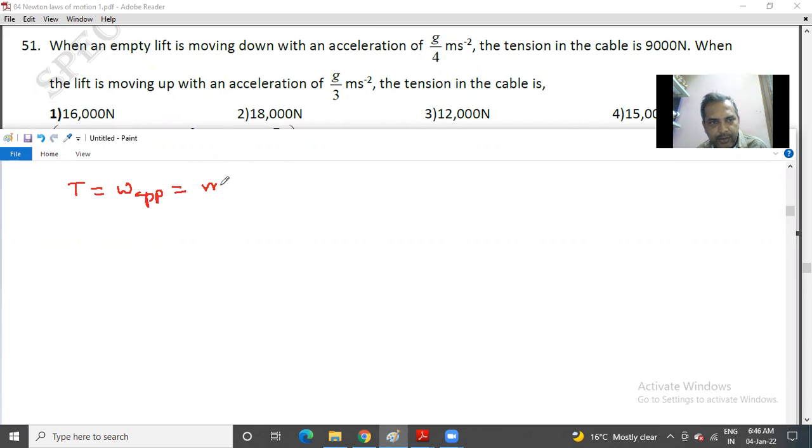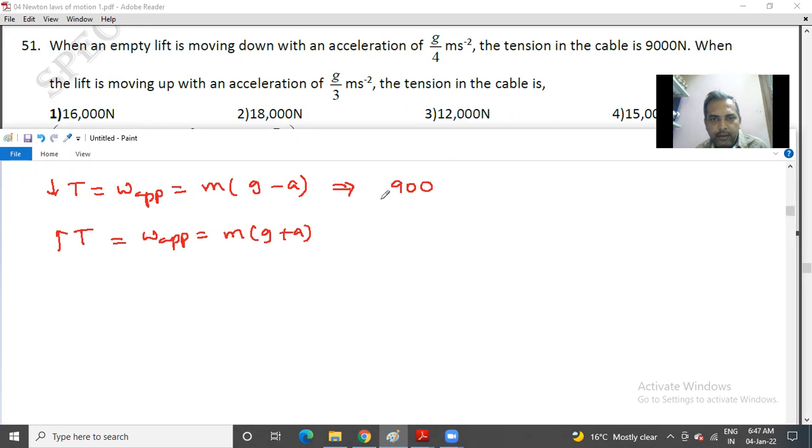You have written that m of g minus a. While moving up, you have written that apparent weight is equal to m of g plus a. Now mention that while moving down, tension is 9,000.